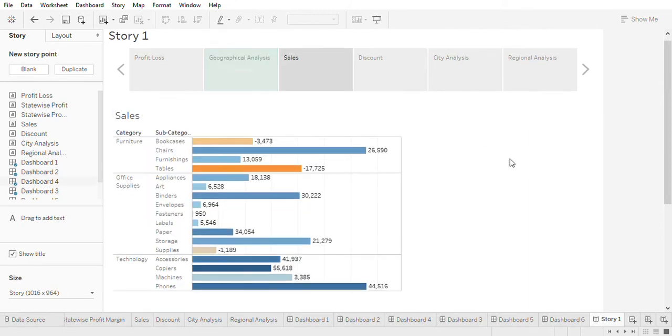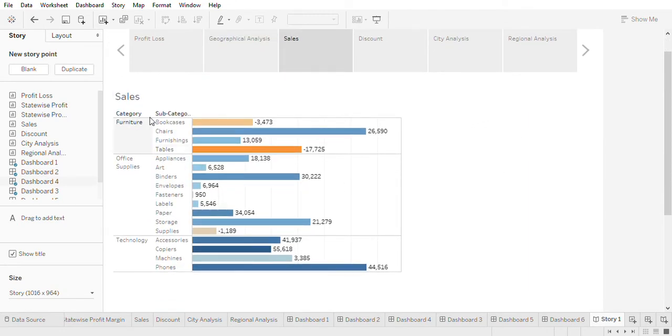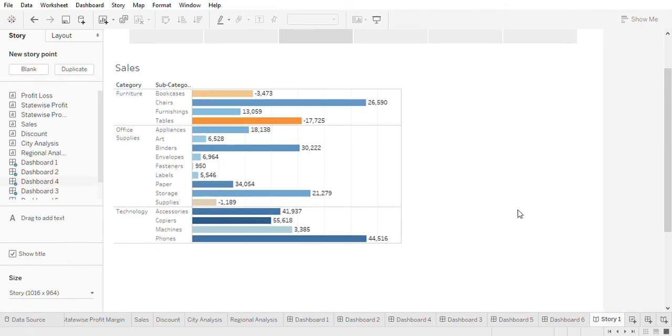Again, this is the sales data which is divided into category and subcategories. Here on the x-axis we have the sum of the sales. We can see the sales for phones and chairs are very large, and the coloring is made on the basis of profits.